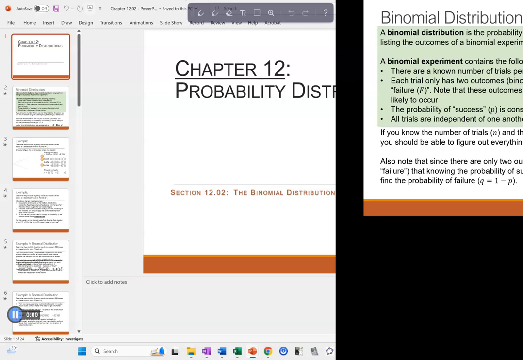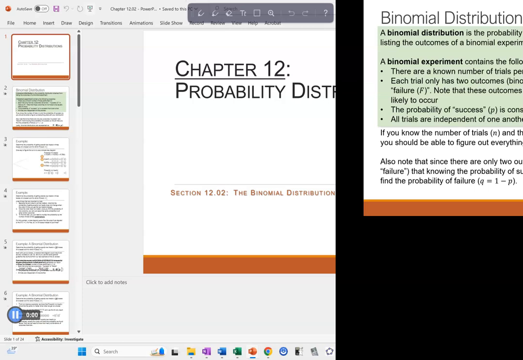That would be something we'd use a binomial distribution for. Or if you're talking about every time you go on a car ride, the probability of getting an accident is 0.01%. We can find the probability that you'll get into an accident given that you ride in the car 2 times a day for the rest of the year. You can do things like this.